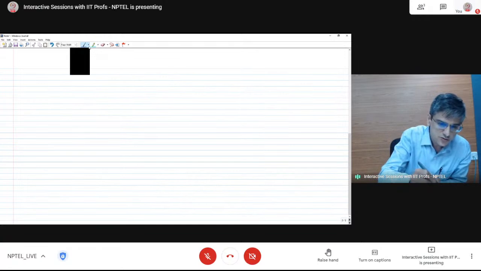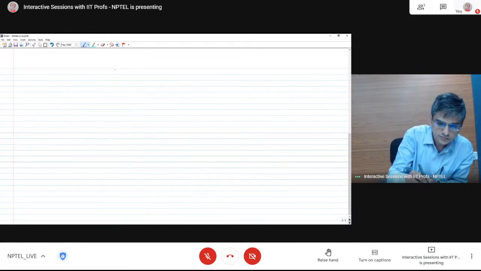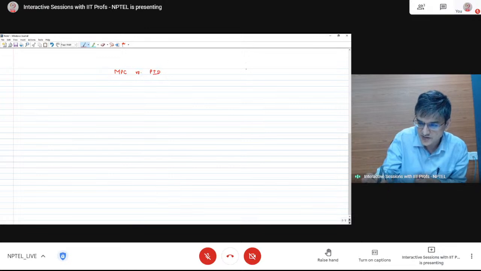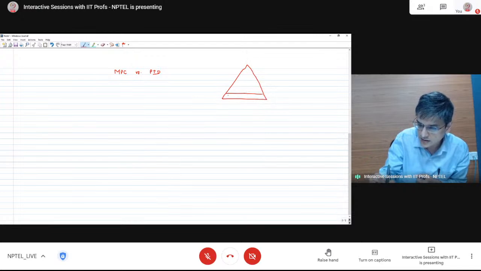Coming back to the first question, MPC versus PID. I know you did not ask this question in the context of versus PID, but I have just rephrased it. This is what is known as a control hierarchy. The lowest level is known as the regulatory control.